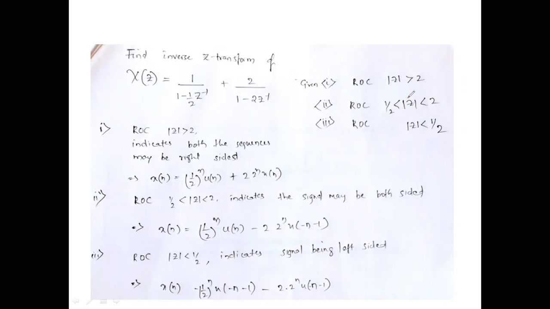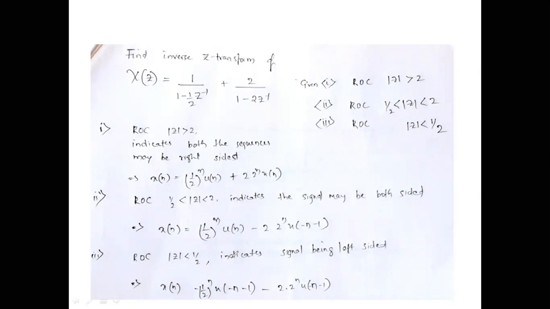Magnitude Z greater than 1 by 2 indicates the smaller one, this signal is right sided, whereas magnitude Z less than 2 indicates that this signal is left sided. So my complete inverse Z transform is first signal right sided, second signal left sided.